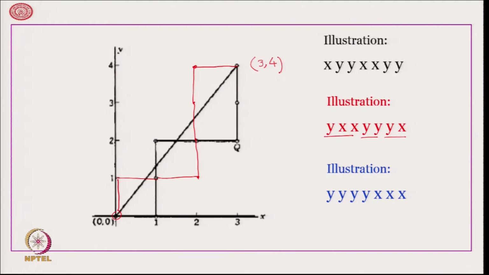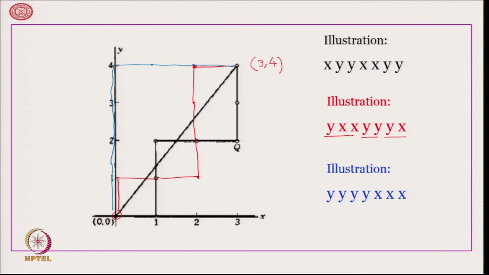Let me give you one more illustration. For y y y y x x x, we shall go like this: 1, 2, 3, 4, then x x x. Thus, you can understand that depending upon the arrangement of the ordered sample, we shall get different paths.